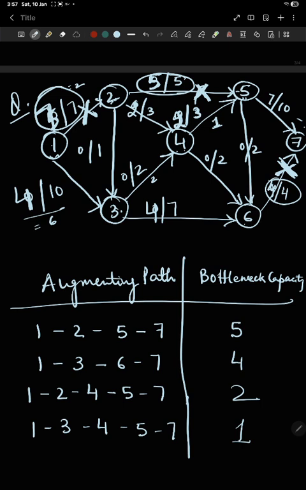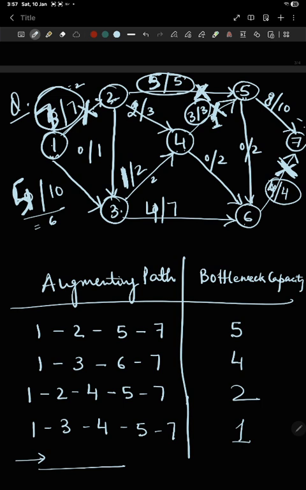Okay, so it would be 5 here. Minimum is 1, no? So 5 here, 1 here, then it would be 3 by 3. It would also get filled. This path got crossed. It would be 8 here. Now we cannot take any other path here because every other path got cancelled.